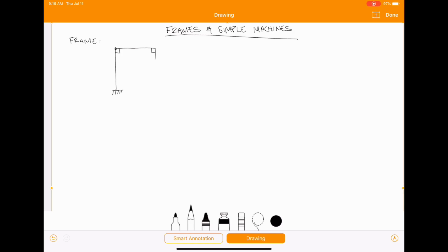So these corners right here where the different components connect to each other are completely fixed. This 90-degree angle here and here will stay 90 degrees at all times. It cannot change from being 90 degrees. That's what is meant by a frame.